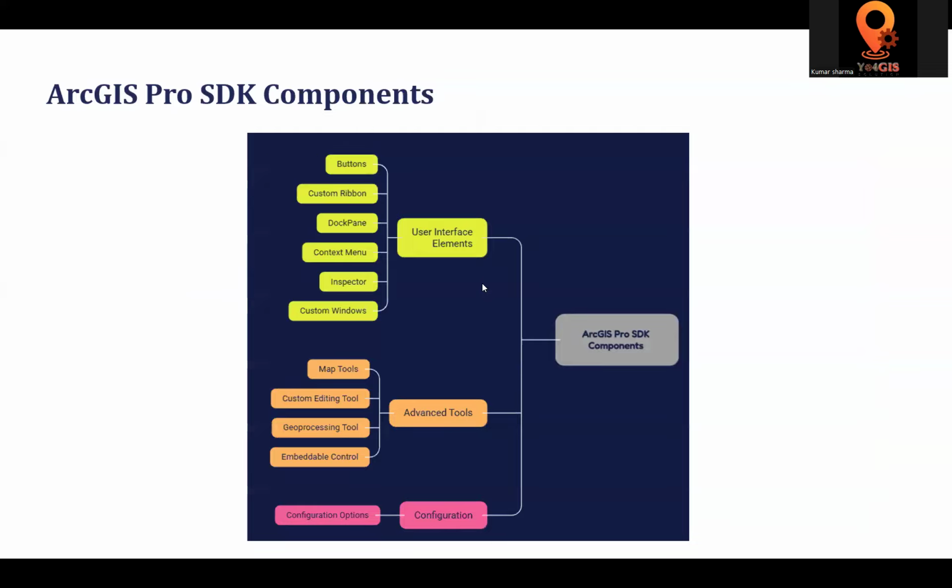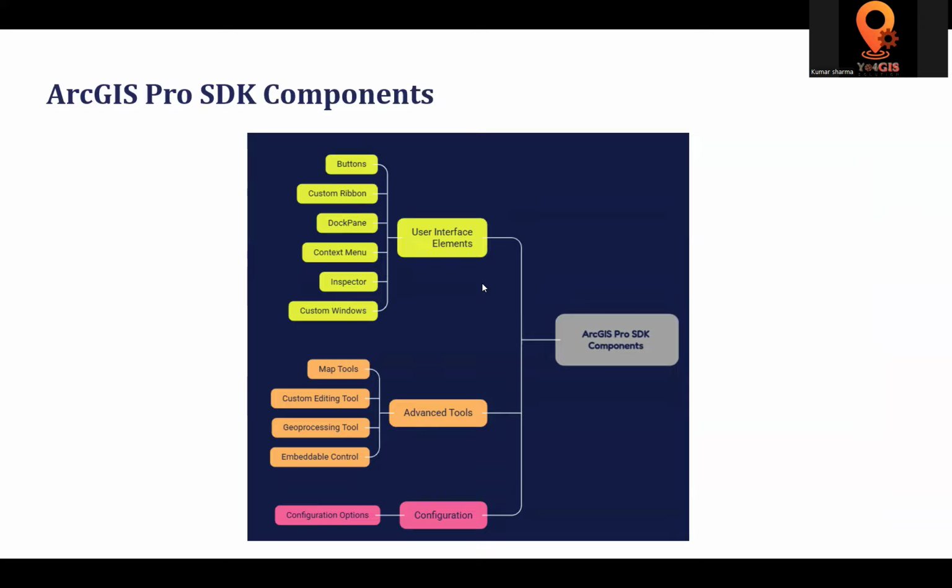Now after that, using the ArcGIS Pro .NET SDK, what are the things we can basically develop? We can develop the user interface, advanced tools, and we can do the configuration. In the user interface, we can develop the button, custom ribbon, dock pane, context menu. We can develop our own inspector. We can develop our custom workflow.